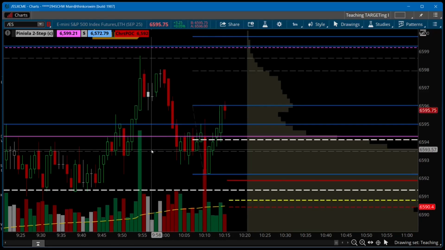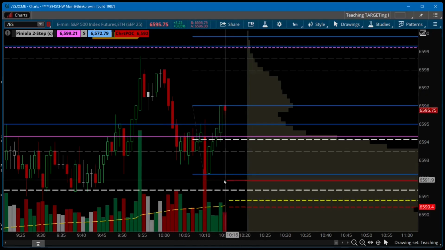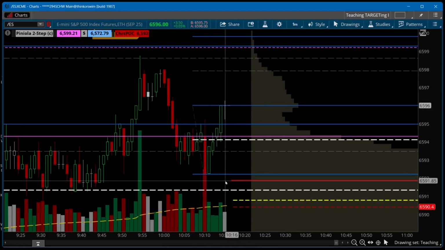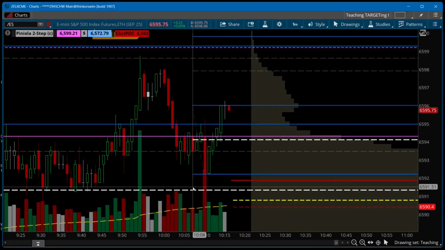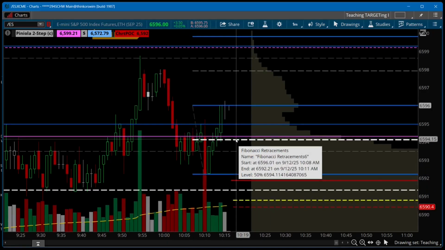And then I'll just put it back. You see how all the support right in this area kept it from coming down here? Now the support for me on the bullish side is right here.